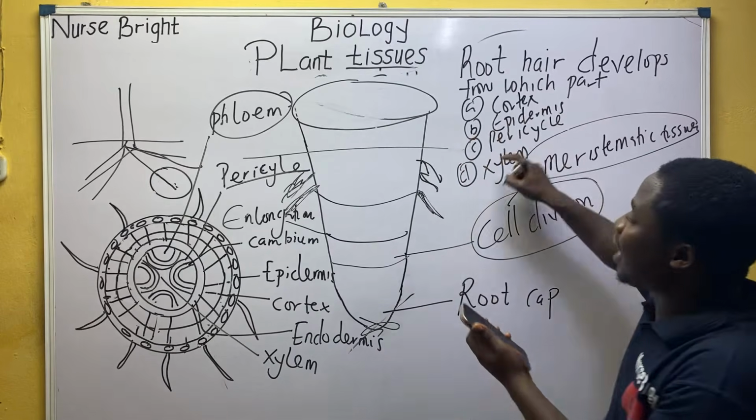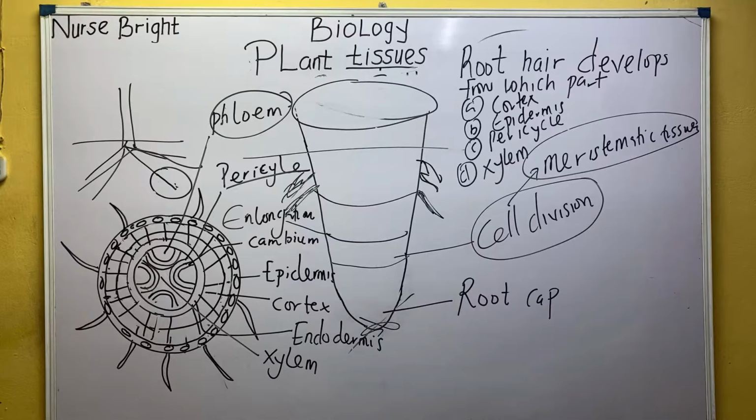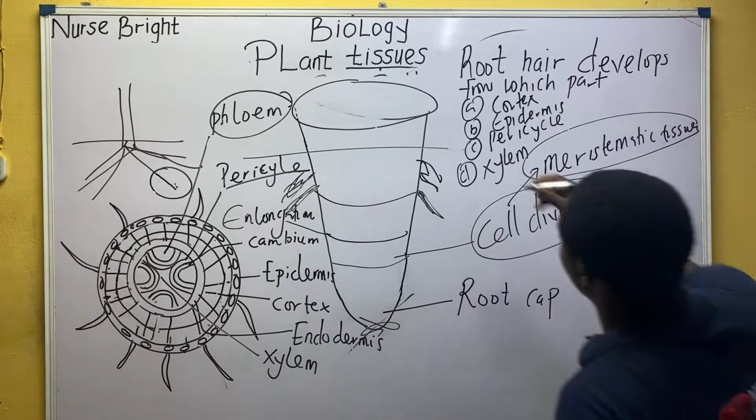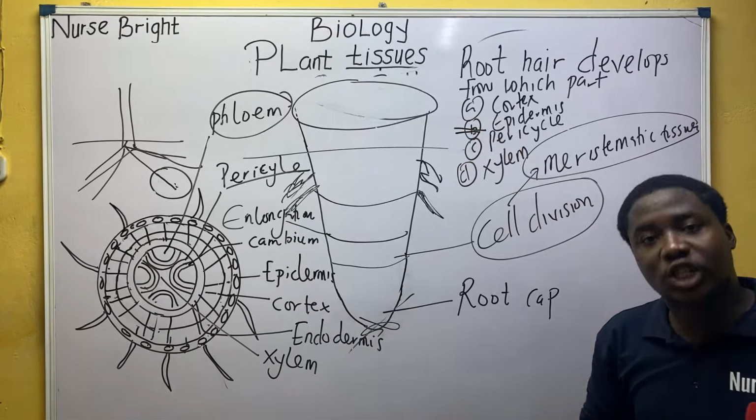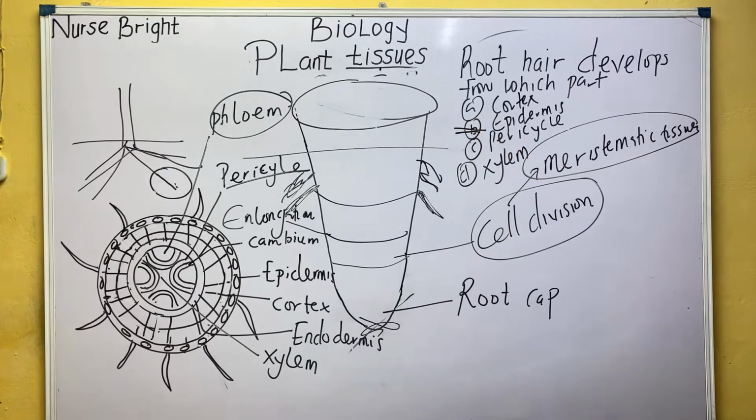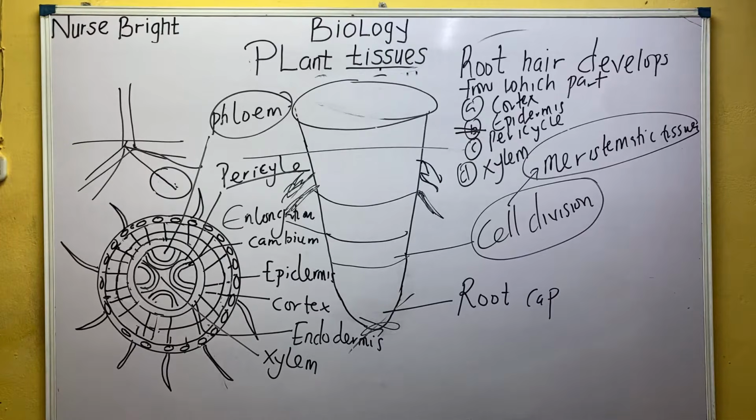What is the answer? You can see the importance of this diagram. Class, what's the answer? Epidermis. It's a very cheap one. You have to understand these things, they are not hard at all. You have to note them very well.